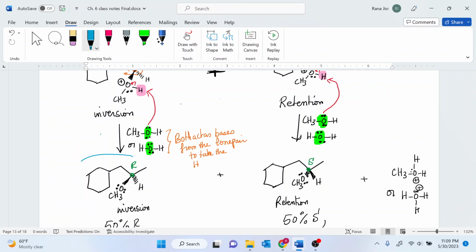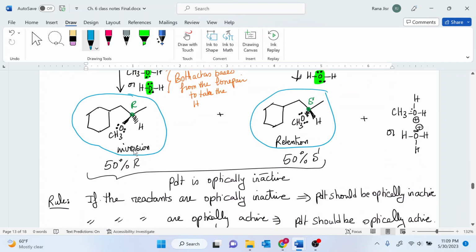So the two products here are going to be the inversion one, and they're going to be the retention one. This is going to be 50% R, 50% S. This is why what I'm going to do is I'm going to combine both together and I'm going to say that my product is optically inactive. You're always going to form a racemic mixture if your products have chiral centers because, again, they are derived from a carbocation which is optically inactive.